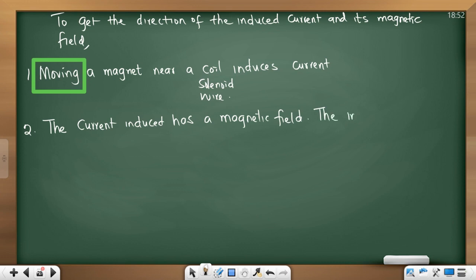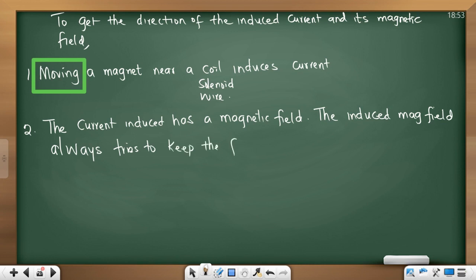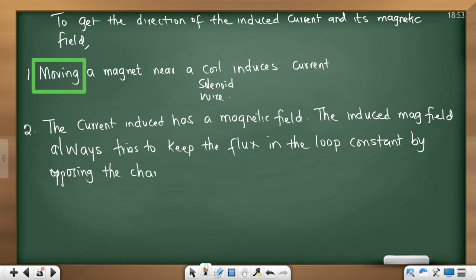And the induced magnetic field, I'll just say mag field, always, this is where the trick is, tries to keep the flux in the loop constant by opposing the changed magnetic field.